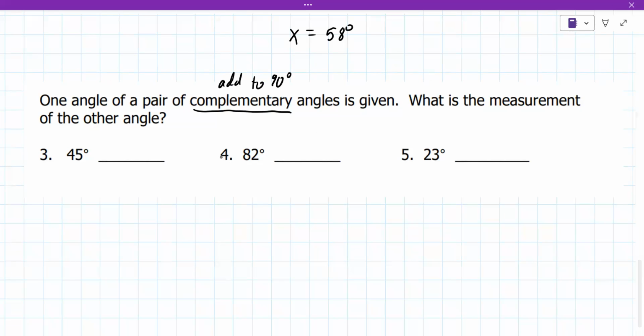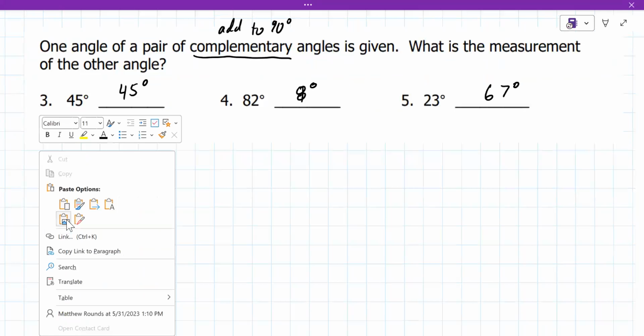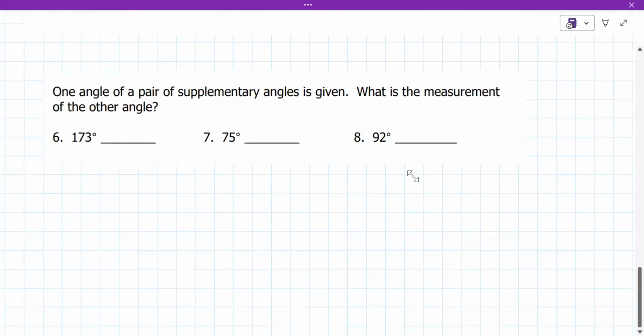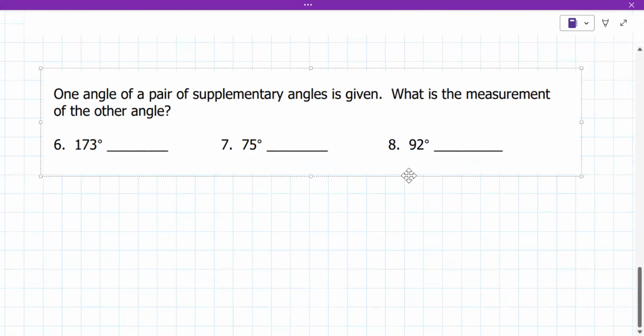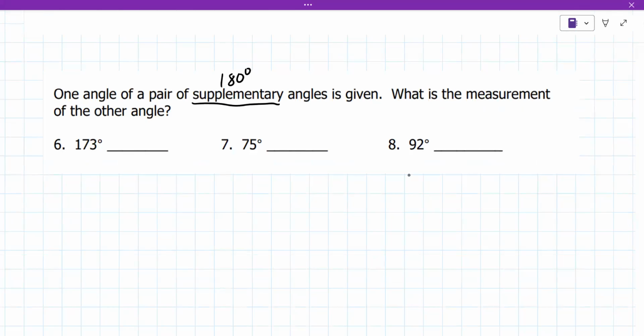45. Okay. 60. 67, good. And then we can also do the same thing here with supplementary, where they equal 180. Yes, supplementary means they add up to 180.